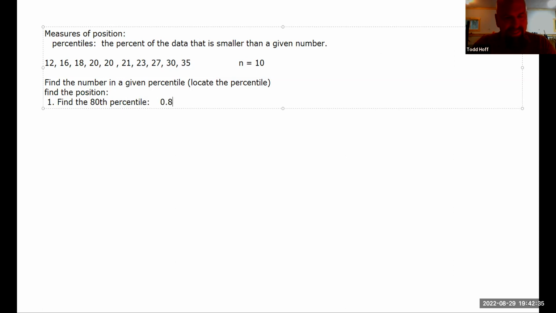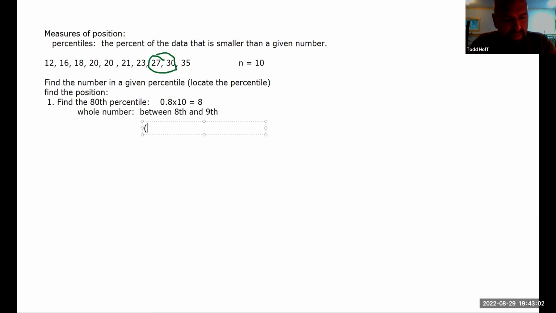Well, 0.8, which is 80%, times n of 10 gives me 8. So that's a whole number, so it is between the 8th and 9th number in the list. Well, the 8th number in the list is 27. The 9th number is 30. So the 80th percentile is between 27 and 30. 27 plus 30 divided by 2 gives me 28.5. This is my 80th percentile.